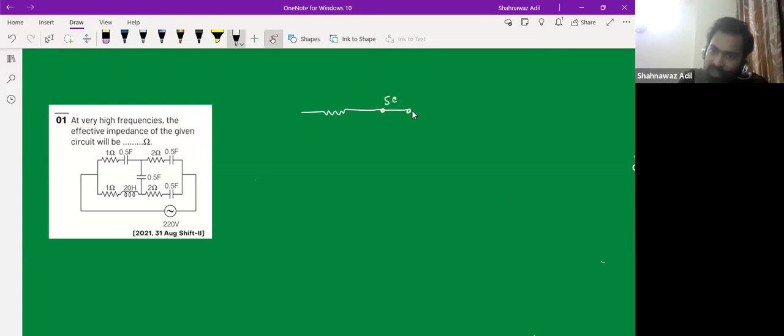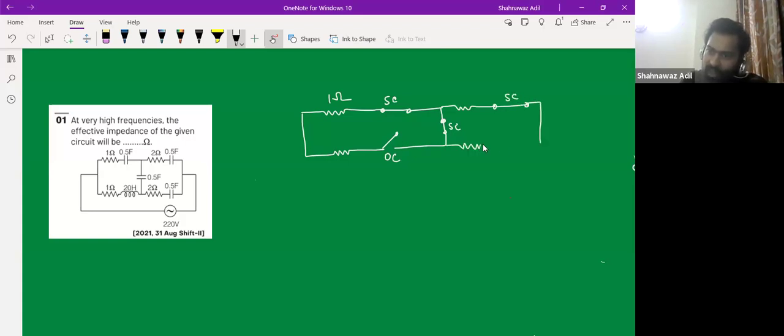And then we have this resistance, and then this inductor is open circuit, right? And then we have this 2 ohm, and then we have again short circuit. So this is the diagram, right?